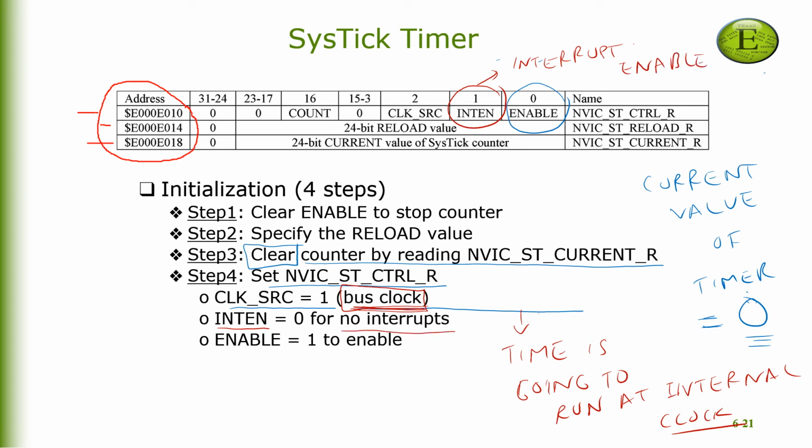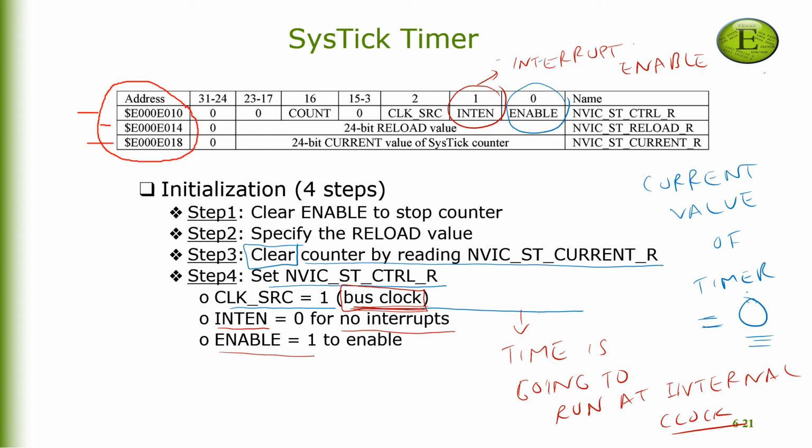We do not wish to associate any interrupt signaling with the timer. If we wish to enable interrupts, that would have been useful to interrupt the microcontroller whenever the timer stops running.